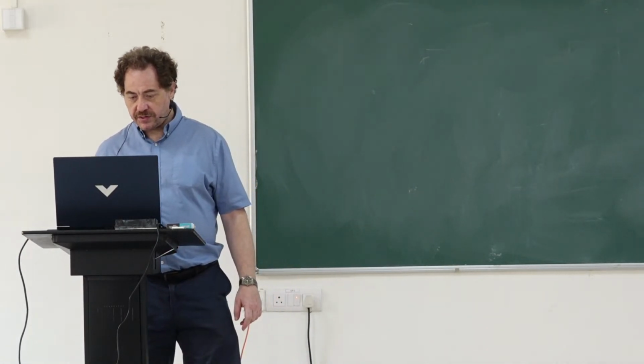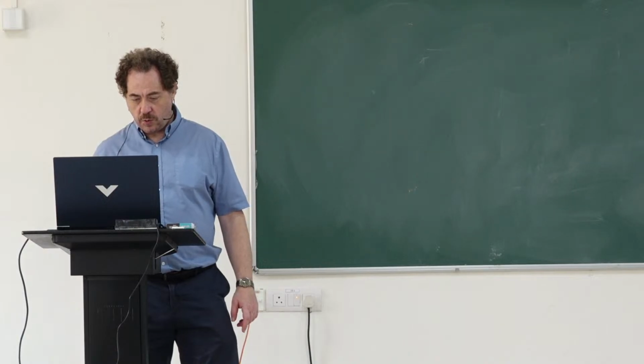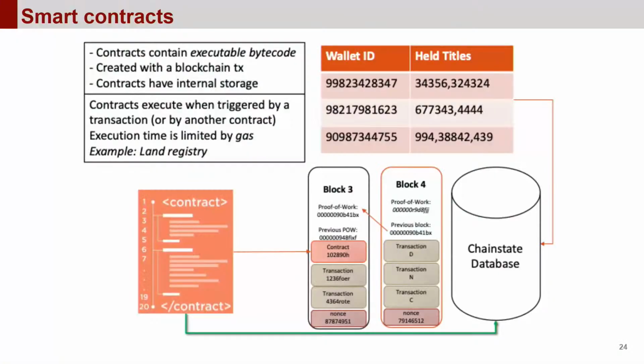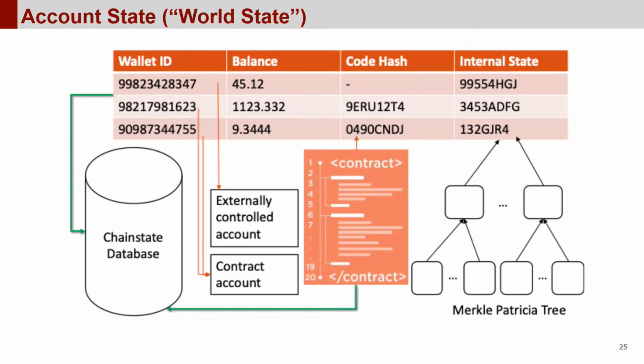So what you see here is an example, where the contract would be stored in the chain-based database. Like in block 3, there is a transaction created. Here what you can see is a bit more detailed representation.